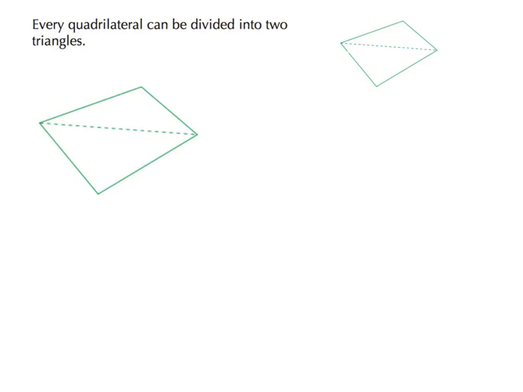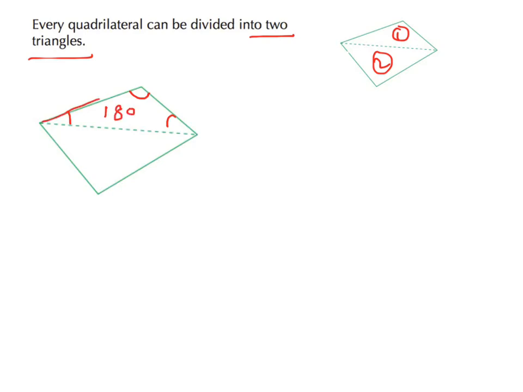Every quadrilateral can be divided into 2 triangles. This is one triangle and the second triangle. Now we had learnt already, what is the sum of all the angles in a triangle? It is 180 degrees.